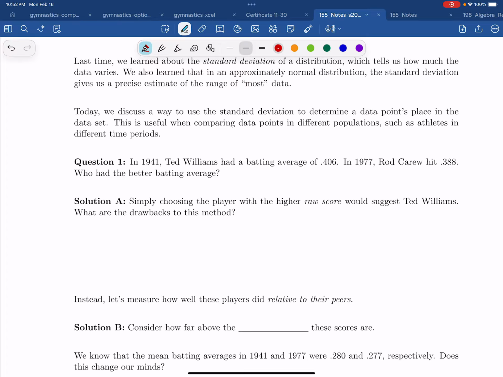However, raw scores ignore the context of the rest of their data sets.